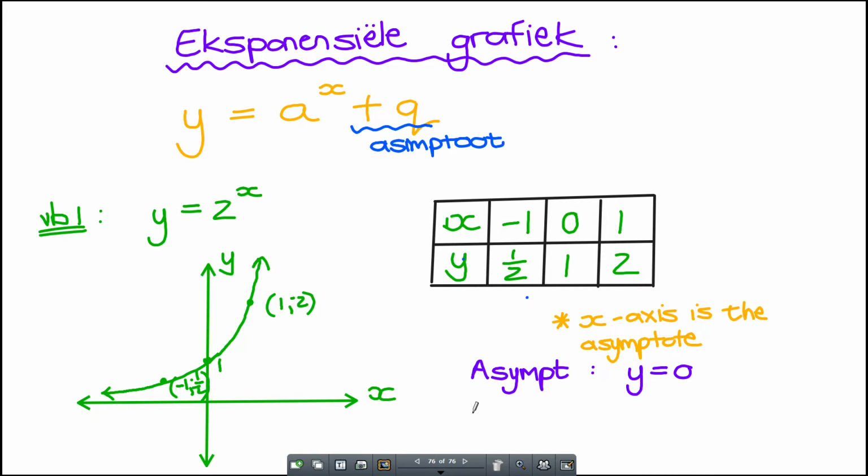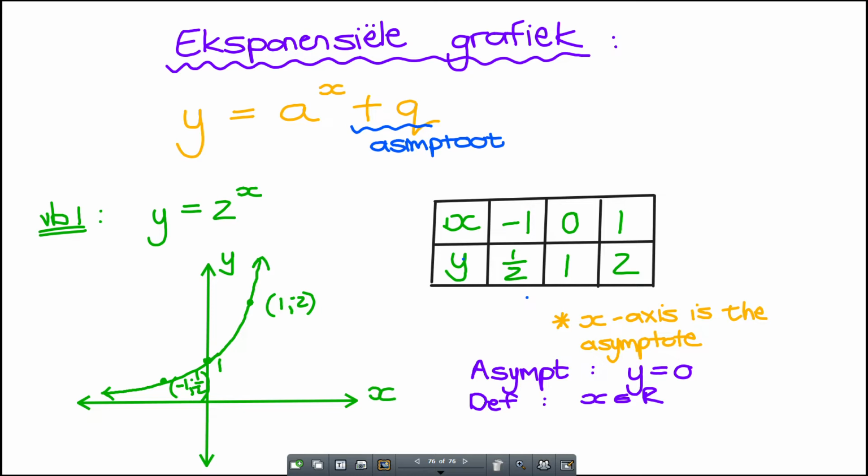Then let's look at the domain. Who wants to guess what my domain is going to be? There we go. x is an element of the real numbers. We don't know where it stops.